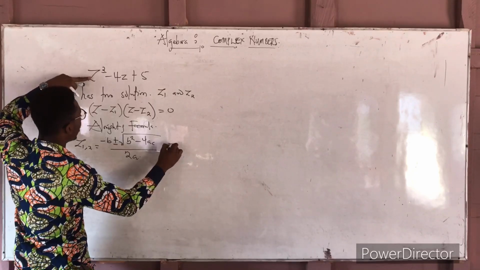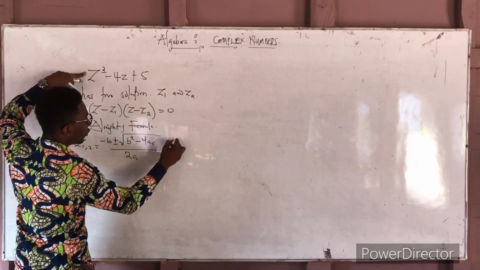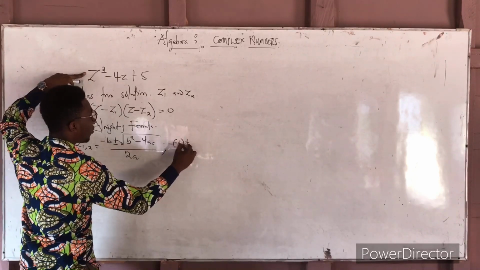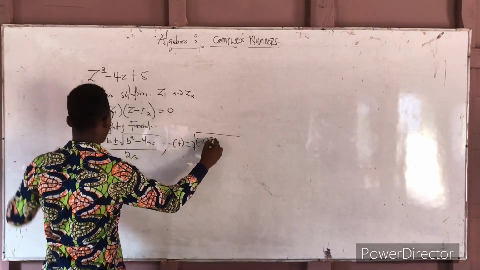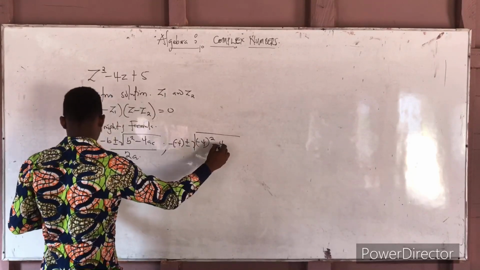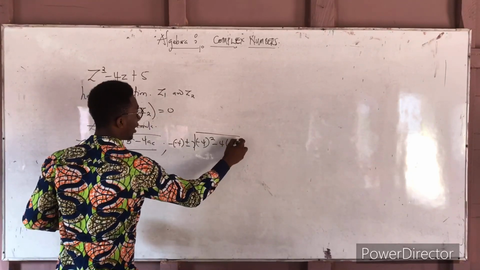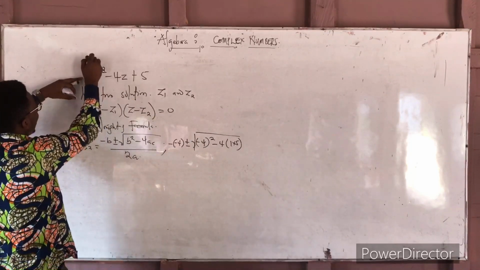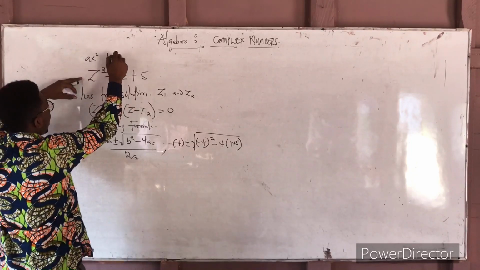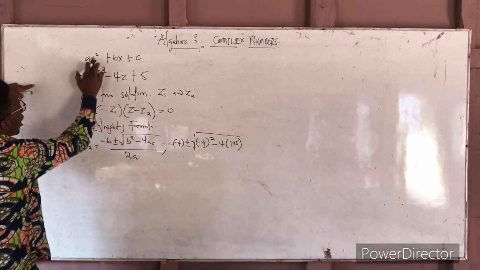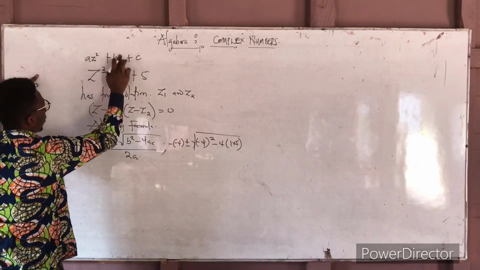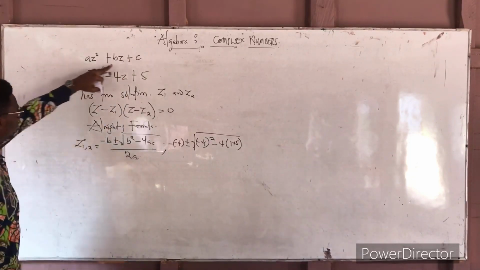We'll be getting minus of minus 4, plus or minus root of (minus 4) squared minus 4 times (1 times 5), because here it is az squared plus bz plus c.